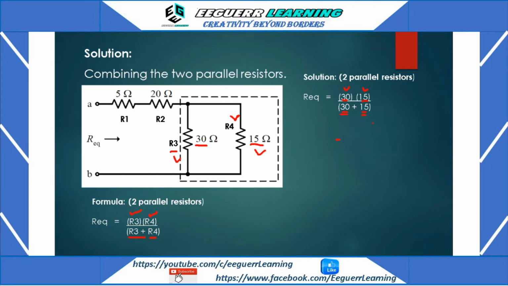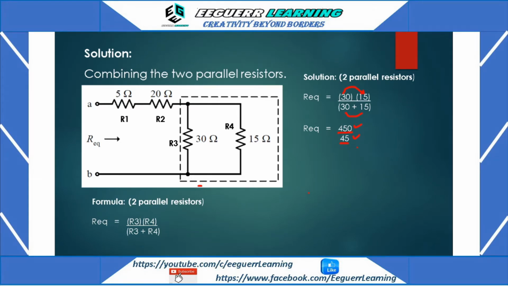Now let us proceed. Our R equivalent will now be 450 over 45, because 30 times 15 gives you 450, and 30 plus 15 gives you 45.